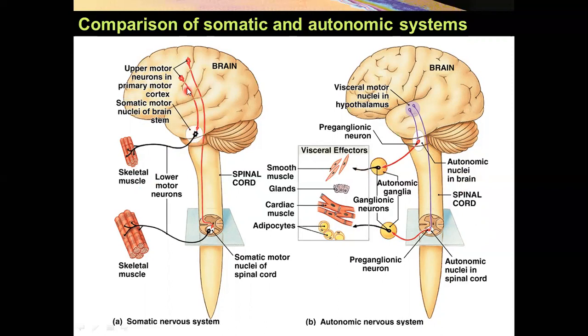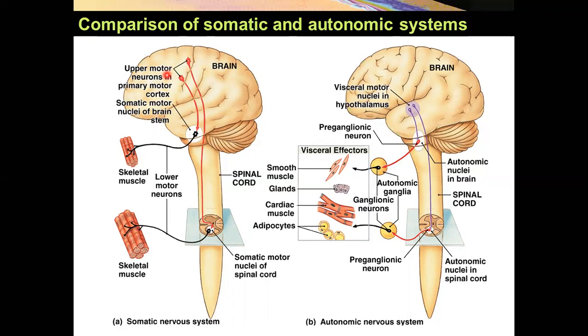Now let's continue with the upper and lower motor neurons of the somatic nervous system. Cell bodies of the upper motor neuron are found mainly in the cerebral cortex, superior colliculus, red nucleus, formatio reticularis, or the reticular formation of the brain stem, and the vestibular complex.